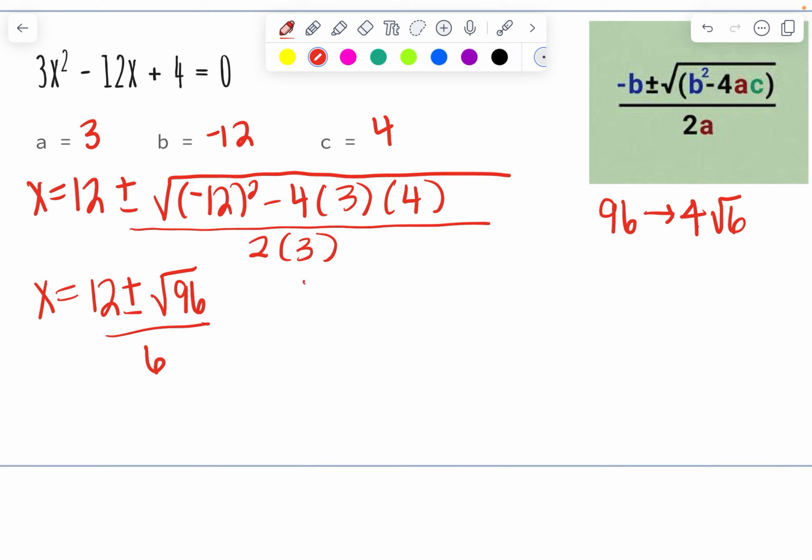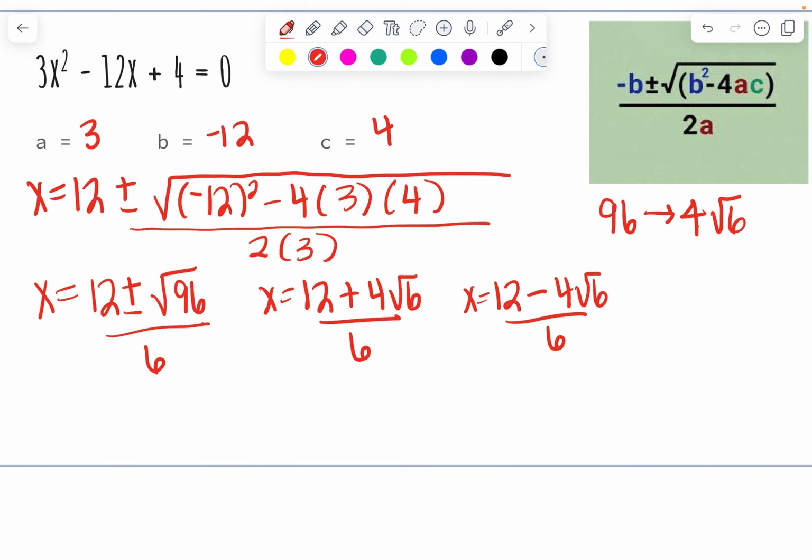So now this becomes 12 plus 4 times the square root of 6 divided by 6, and 12 minus 4 times the square root of 6 divided by 6.